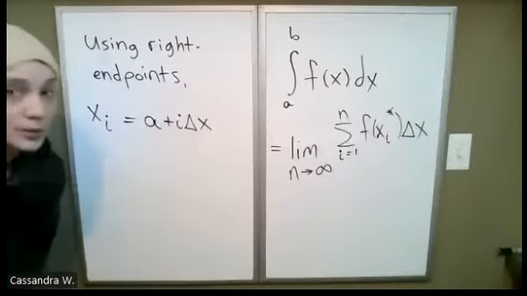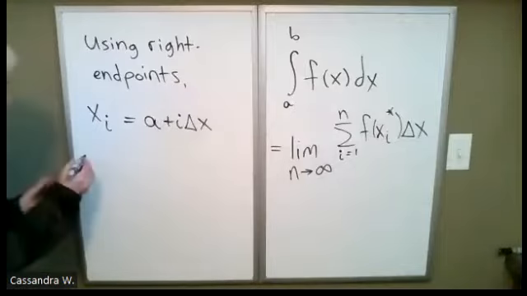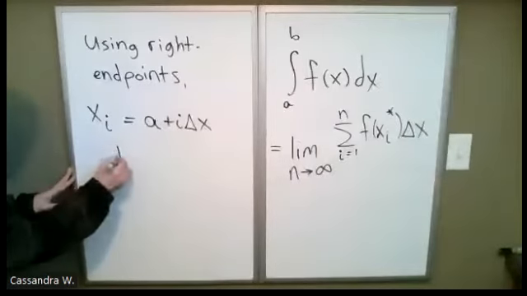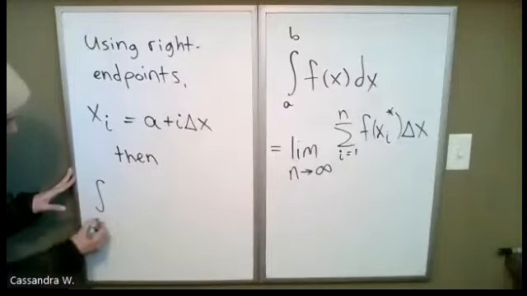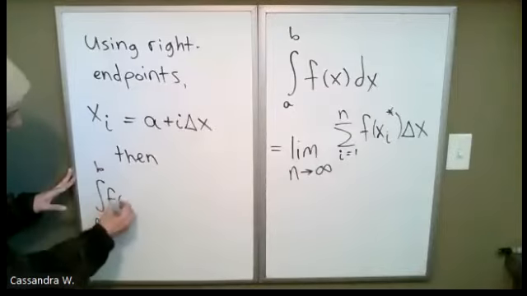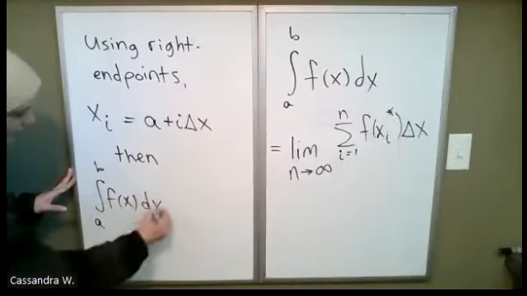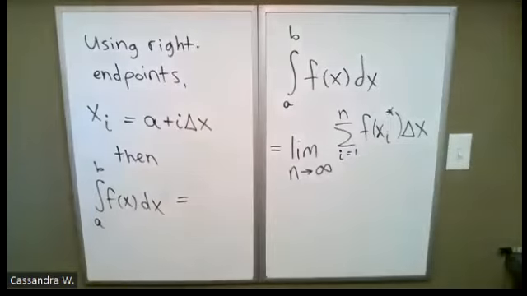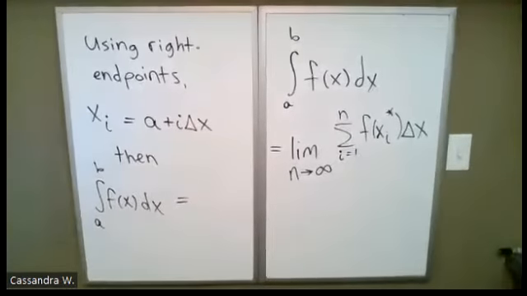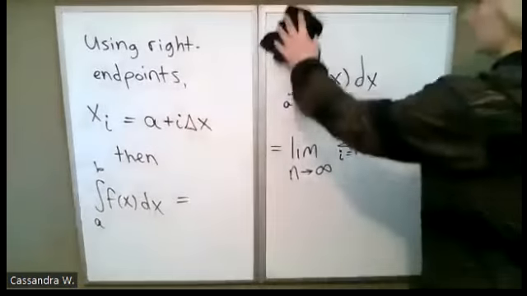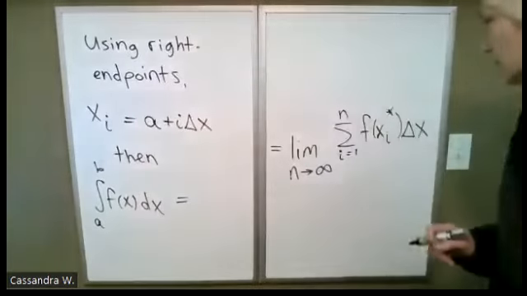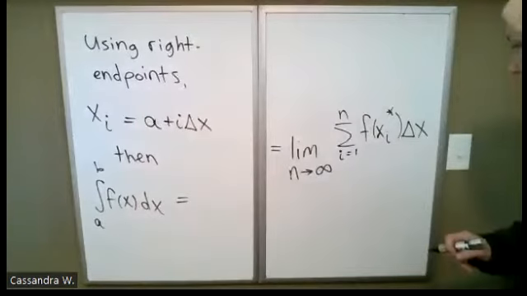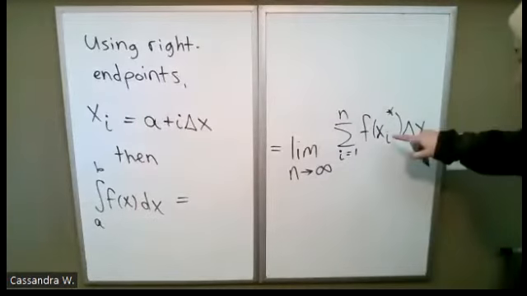it's the limit as n goes to infinity of the sum. Your integral a to b of f of x dx is just like this.